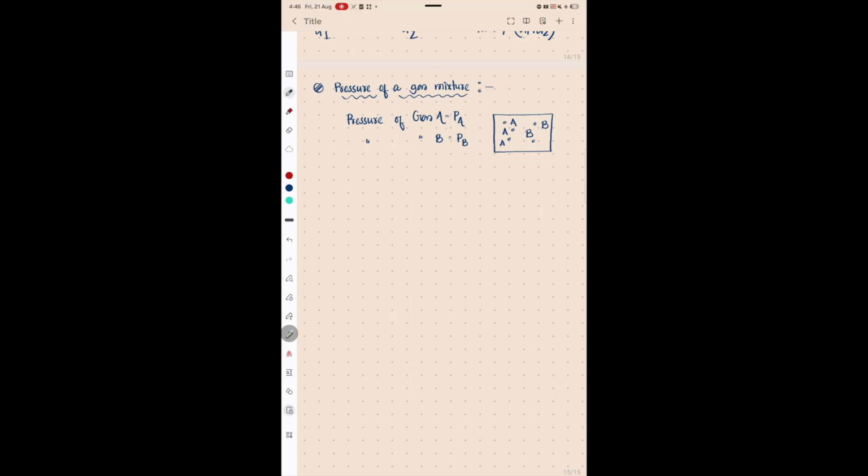These are their initial pressures. When they are not mixed, pure gas A will have some pressure, which we have measured, that is PA. And similarly for gas B, that is PB.